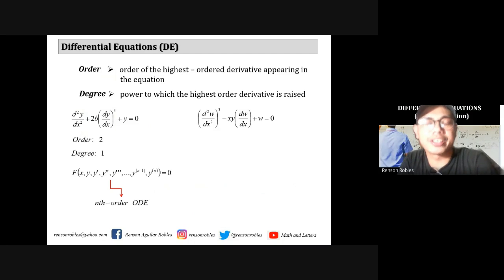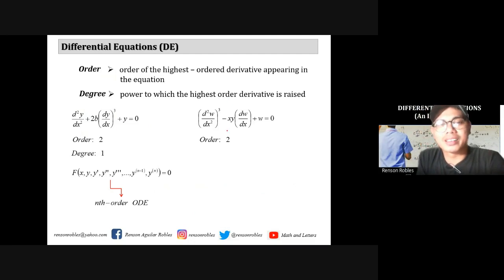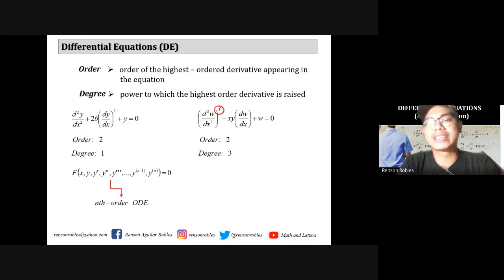So the order is equal to 2. And the degree: you take a look at the highest order, that's 2, and to what power it is raised, that's 3. Therefore, the degree is equal to 3. So it's a third degree differential equation of order 2.